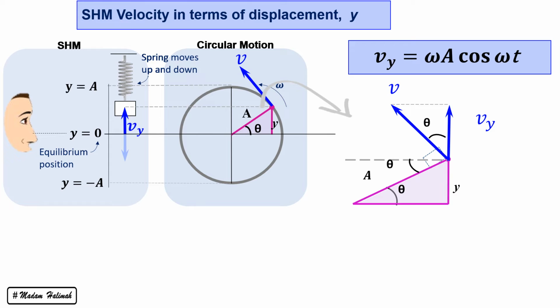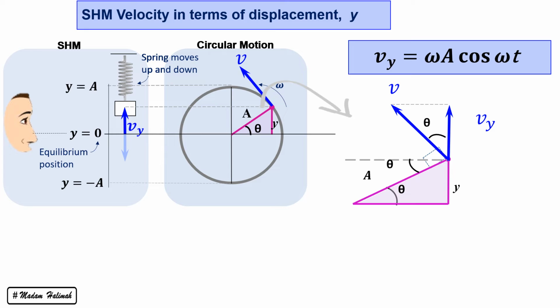Consider that the object moves from equilibrium to displacement y. So we have Vy in simple harmonic motion, and in circular motion, we have tangential velocity.